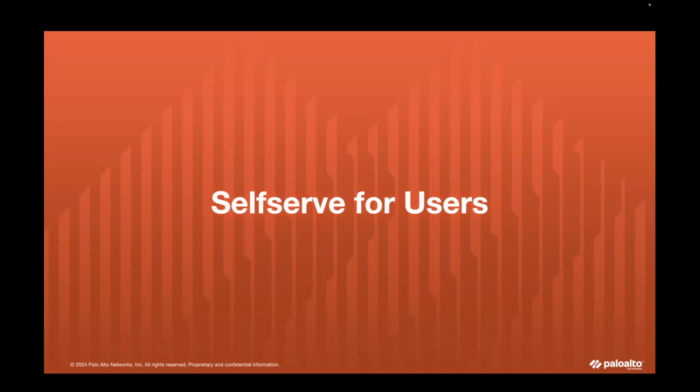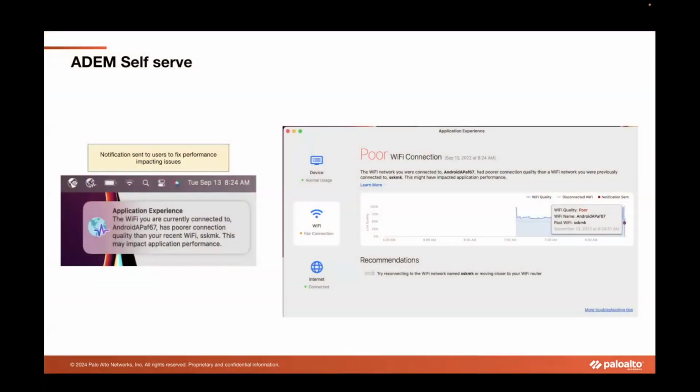We are able to proactively alert and notify a user even before the performance impacting scenario aggravates and causes real perceivable user impact. This is called self-serve, where we are able to notify a user directly on their endpoint devices, and we tell them, hey, user, your CPU is going way beyond tolerable limits. A persistent CPU spike like this will cause performance impact.